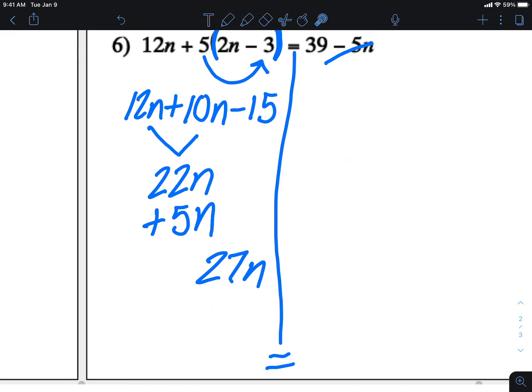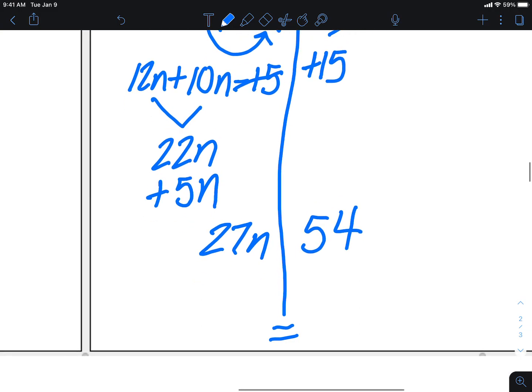My numbers are going to be clearly on the right side. But wait a minute, this minus 15 here doesn't belong. It needs to come over to this side with the numbers. So I'm going to cross out this minus 15, and bring it over and make it a plus 15. So now 39 plus 15 is 54. I'm going to write it down here so it can be next to my 27n.